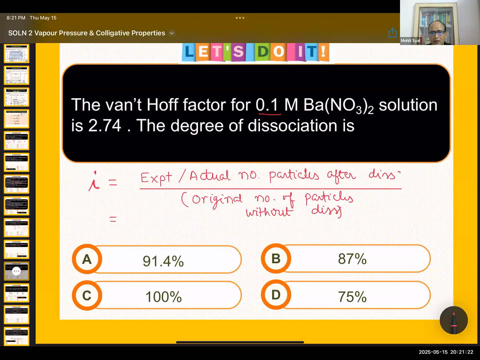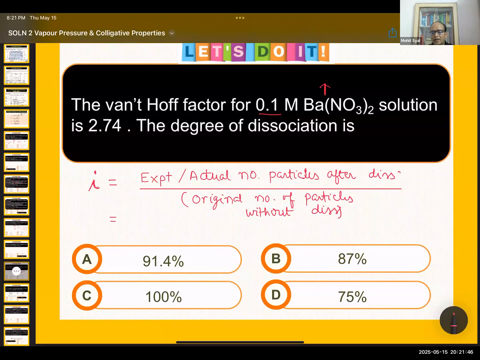What could be the maximum value of I for barium nitrate if it is 100% dissociated? That also you can tell. That is a separate question. Jasleen, what could be the value of I if it is 100% dissociated?